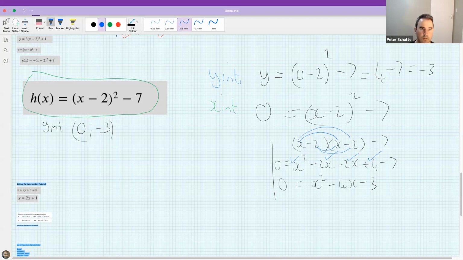So if I was using the formula for this, A is 1, B is -4, C is -3, and I get minus B, so it's going to be -4 plus minus. So B squared is 16.